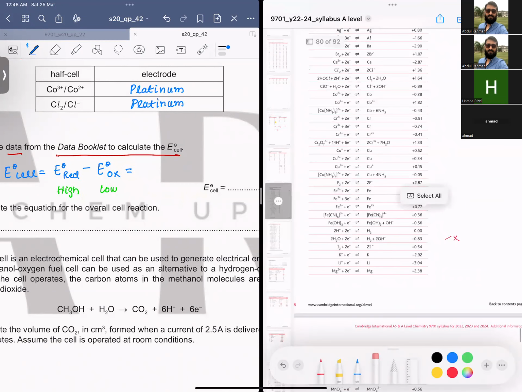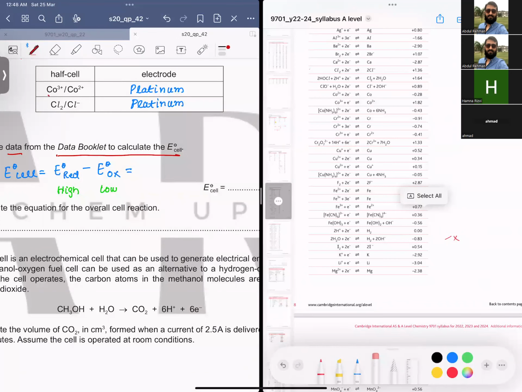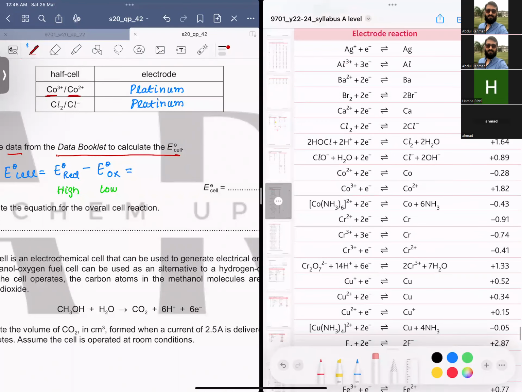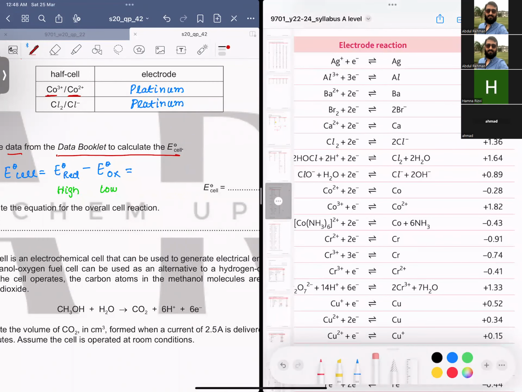Okay. So if you look over here, we have cobalt 3 positive and cobalt 2 positive. There are two equations having cobalt in them. One has cobalt 2 positive and cobalt, but in our half cell, we have cobalt 3 positive and cobalt 2 positive ion, so we exclude this equation.